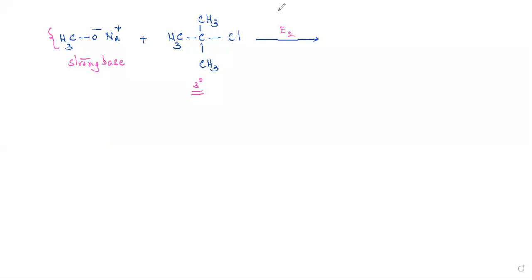Now, let me give you the mechanism. Take it this way. Now, the methoxide ion simply abstracts this H plus, then this one goes here, this one goes off. So that is how you get isobutylene.